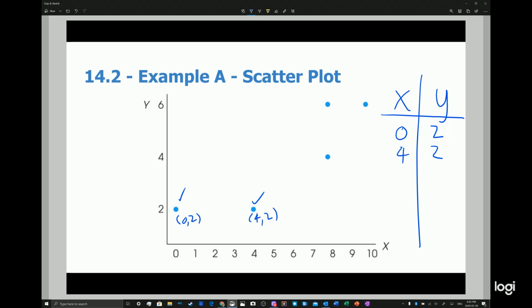Here, we've got something here. It doesn't look like a function to me, but anyway, we'll roll along with it. 8 and 4. X is 8. Y is 4 again. That's weird. 8 again and 6. Okay, and the last one here is x is 10, y is 6.